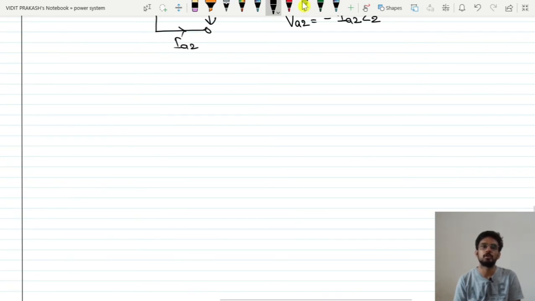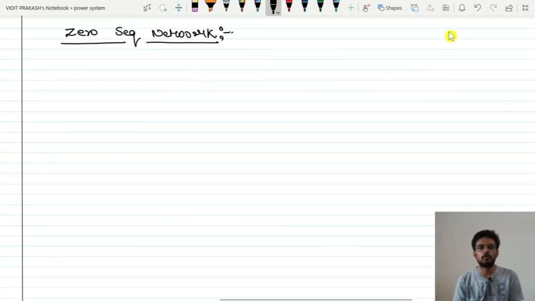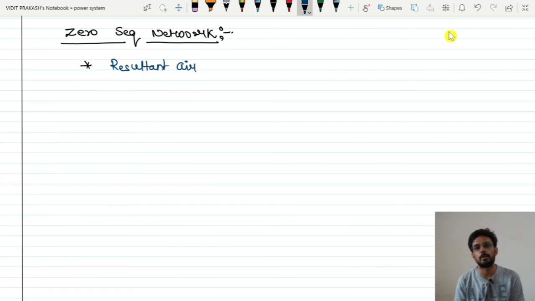Now how to draw the zero sequence network? In the zero sequence network, there will be no resultant air gap field produced by the zero sequence current.